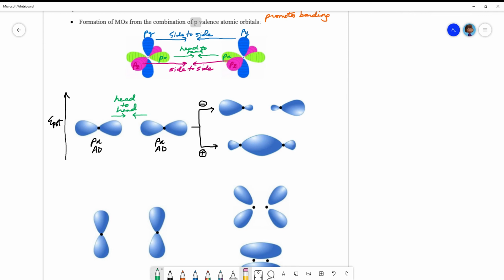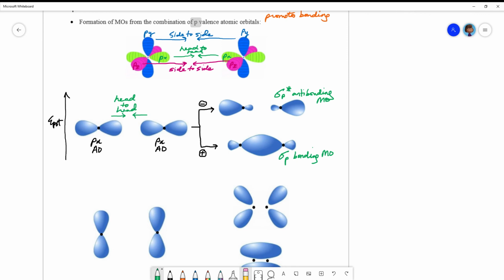The lower energy orbital is the bonding molecular orbital. This is a sigma p bonding molecular orbital. And up here we have an antibonding molecular orbital, which we're going to represent as sigma p star. So we get a more stable bonding, a less stable antibonding.